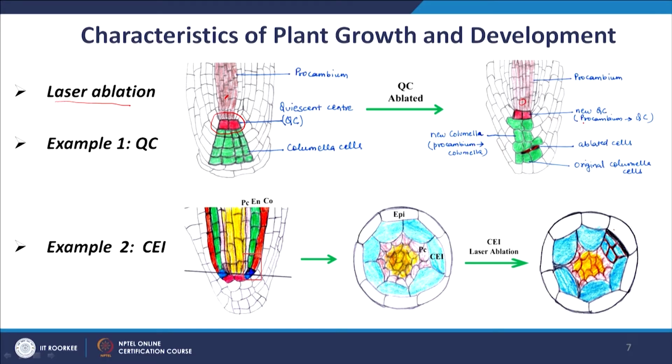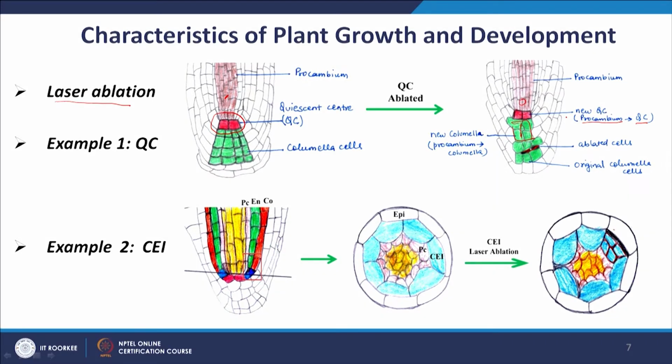It means that the fate or identity of procambium has now changed to the QC identity. And the cells in this region, which originally were also procambium cells, change their identity and make new columella cells, which are typically present below the QC. So, you can see there is a change of identity.